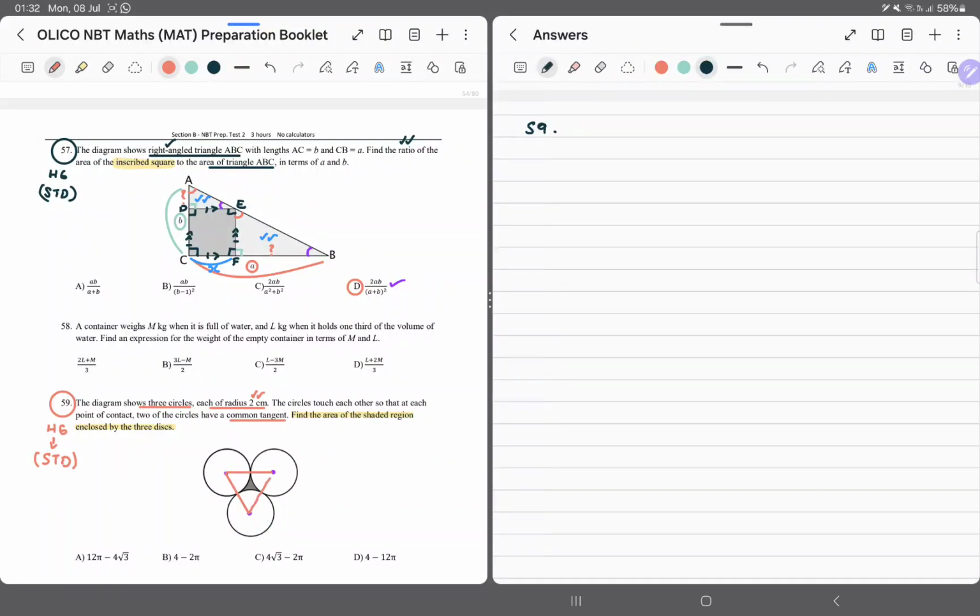So we need to be conveniently drawing our radius so that they overlap, okay? It makes life a lot easier. And we know that this radius here is 2, and that radius there is 2, and all the others. So what does this become? An equilateral triangle. So what we can appreciate is that we end up with an equilateral triangle, essentially.